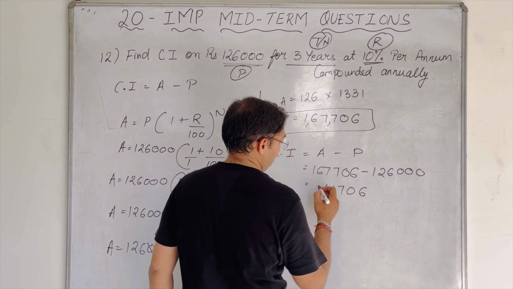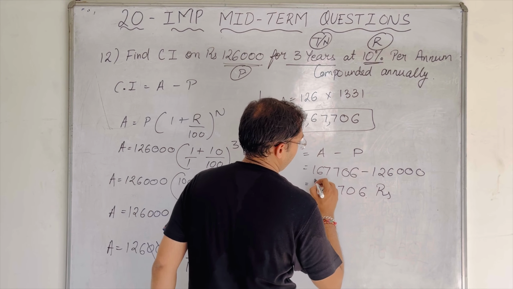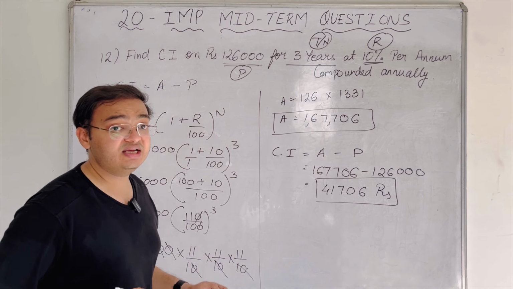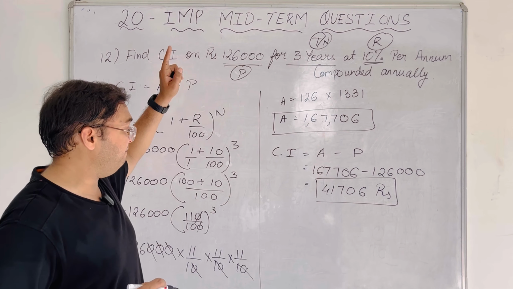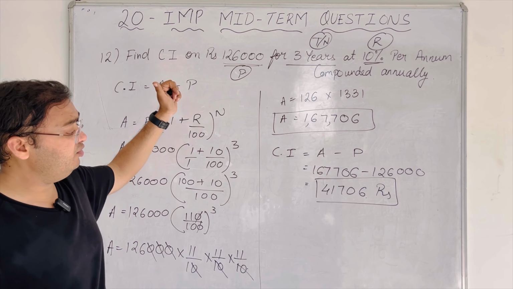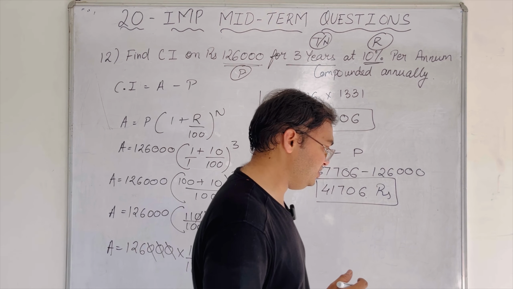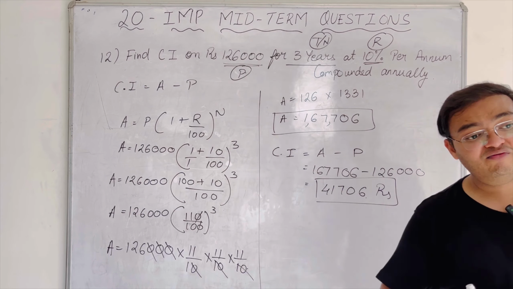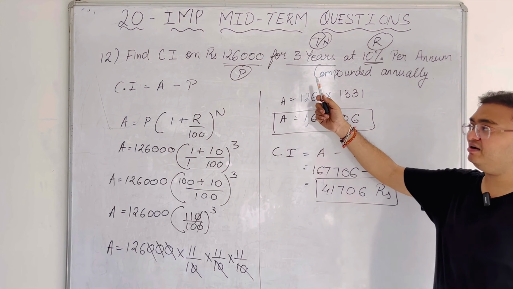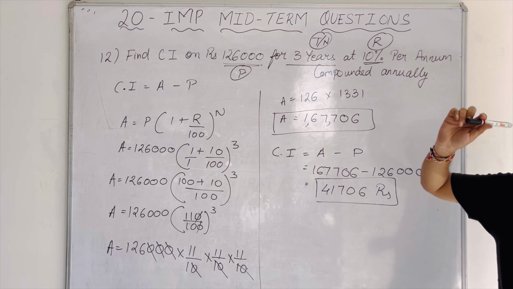So this is the total interest which he is going to pay to the person during the 3 years. So 41,706 rupees is extra to be paid for borrowing 1,26,000 for 3 years at the rate of 10%.